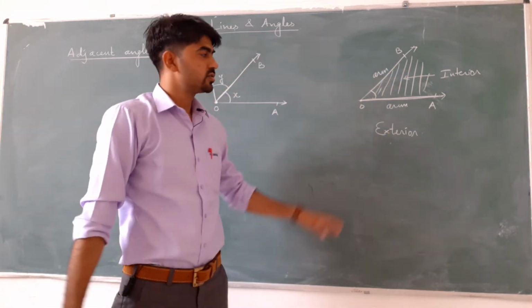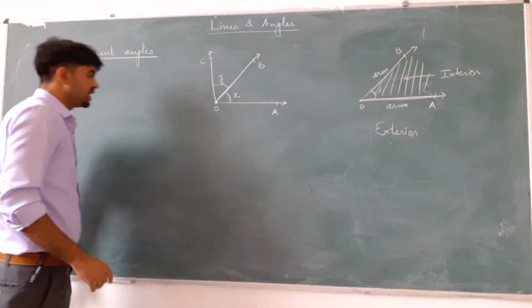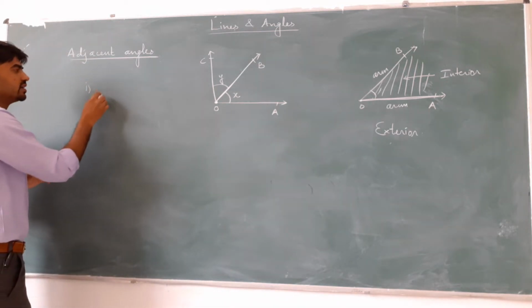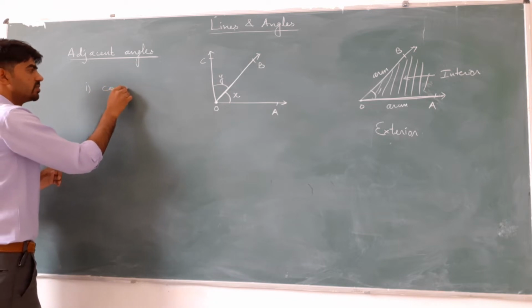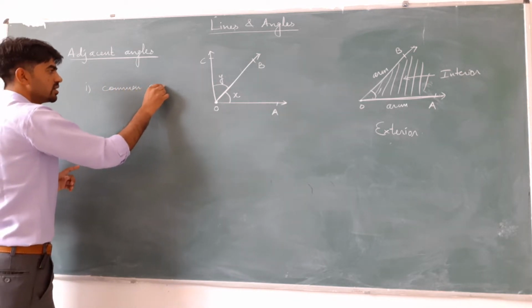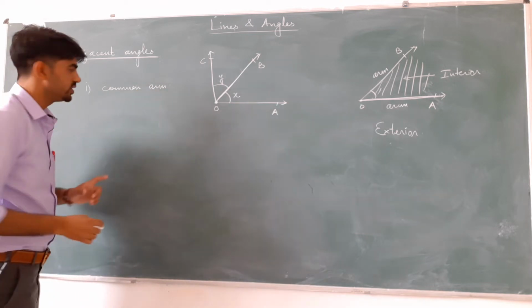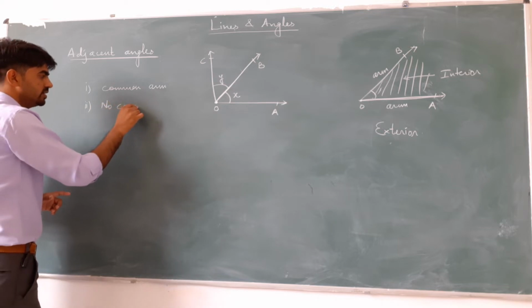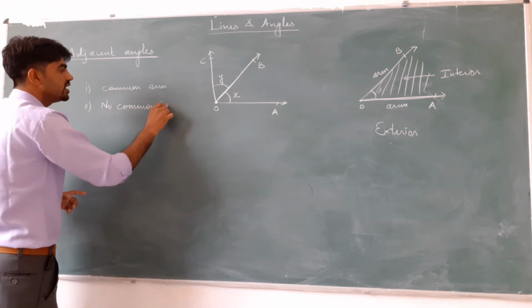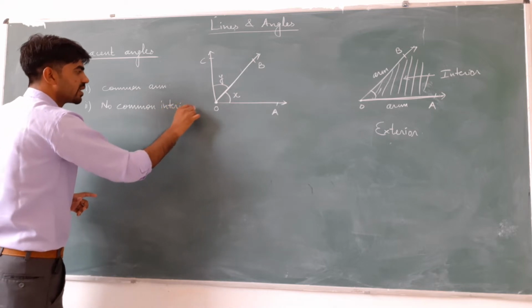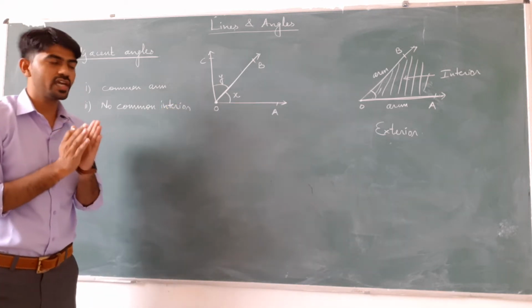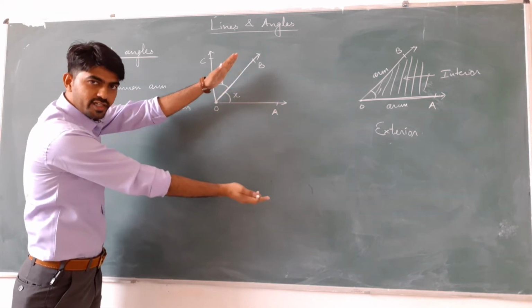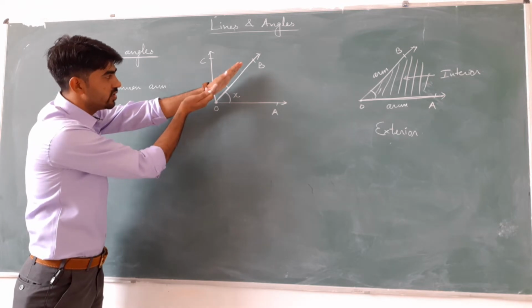Okay, so for adjacent angles we have two conditions. Condition number one, they must have a common arm. Second condition, no common interior. So it is clear that whenever we have a common arm, one angle will be on one side of that common arm, and another angle will be on the other side.